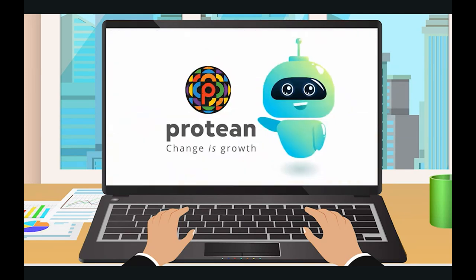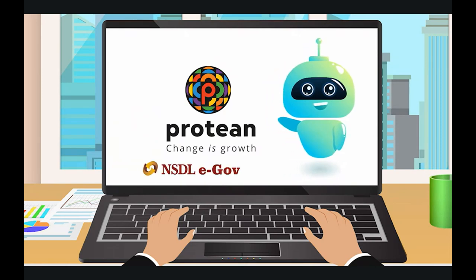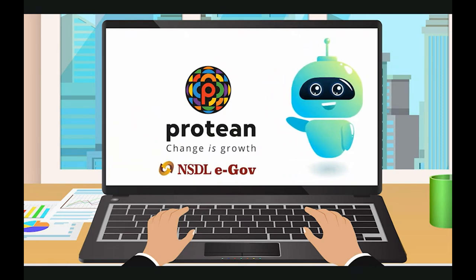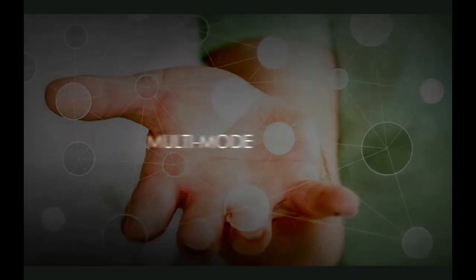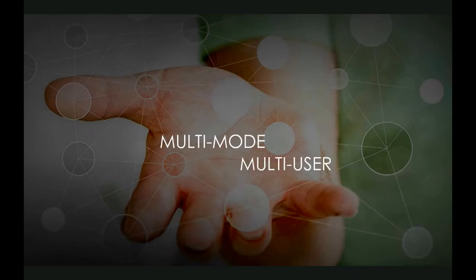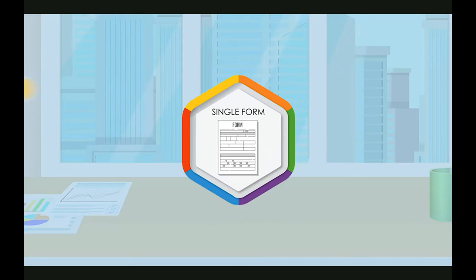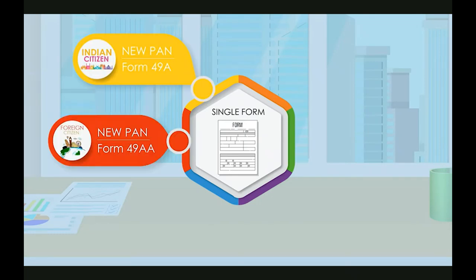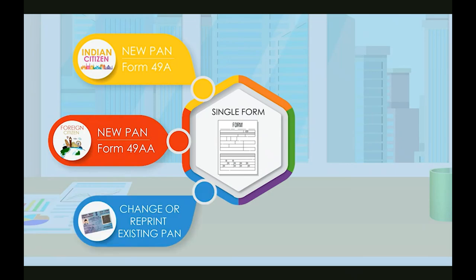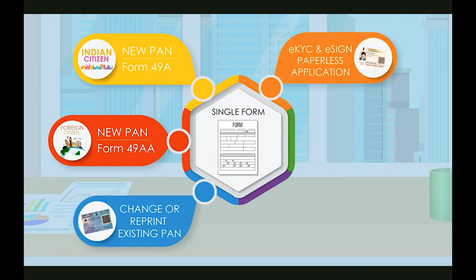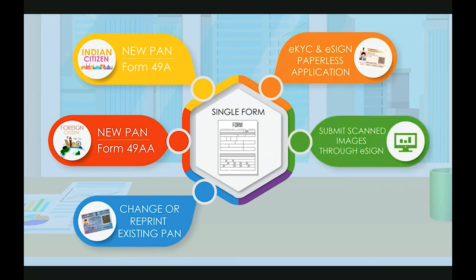Protean, formerly known as NSDL E-Governance Infrastructure Limited, has facilitated multi-mode and multi-user functionality in a single form. That is, whether you want a new PAN card as an Indian citizen, as a foreign citizen, or you just want to change and reprint the same PAN, or whether you want to opt for an eKYC-based application, scan-based application, or paper-based application.